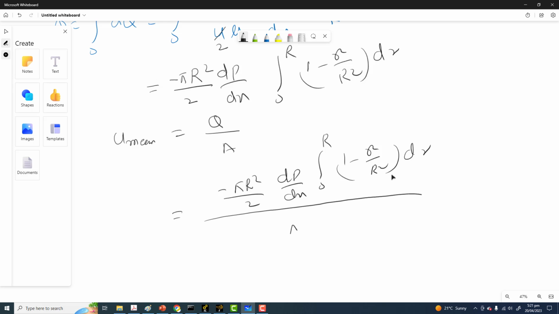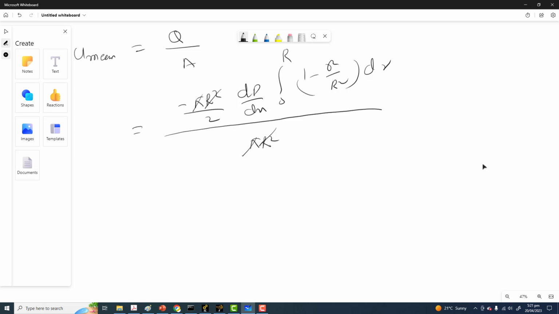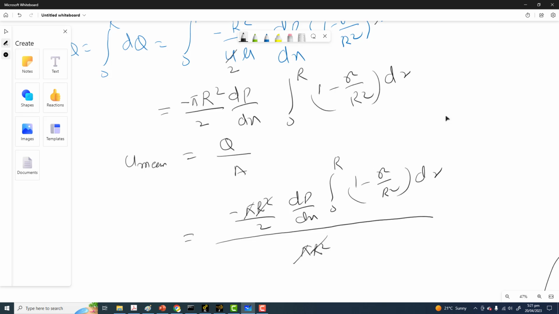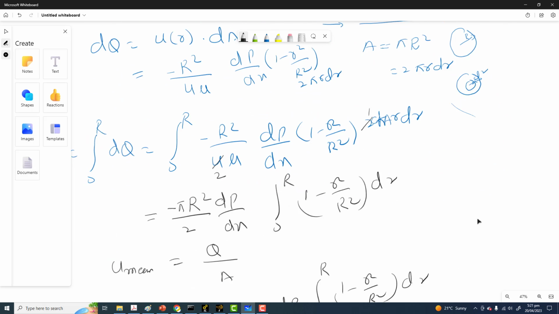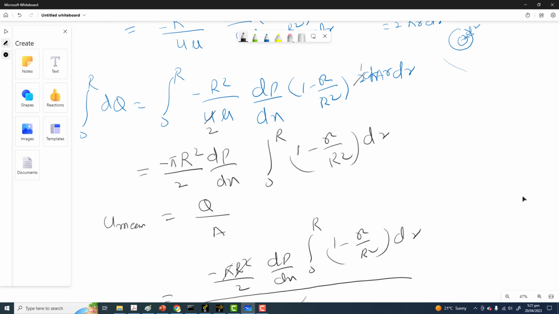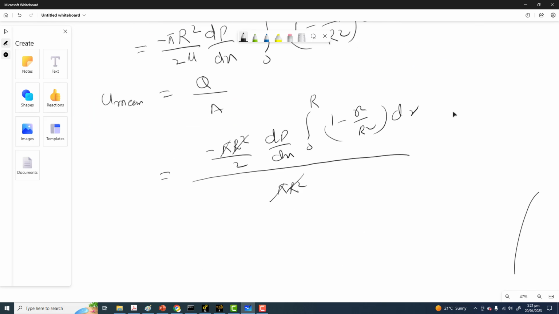This area is equal to pi R square. So pi cancelled, R square cancelled. So we have the minus, and also there should be the mu. This mu is inside this thing, so this mu should be taken out also. This is the 2 mu, here also this is the viscosity.